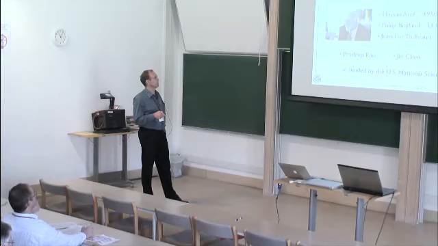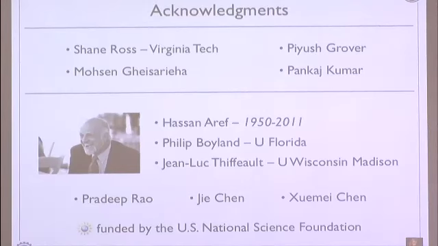I've worked for a number of years, as many of you know, with Hassan, and it was the time that he and Phil had spent together, where Phil was a mathematician in residence at the University of Illinois, where I had the good fortune of being a graduate student under Hassan at that time and got involved in this work at that point. And also a number of conversations over the years with Jean-Luc. And then there are several other people who have been involved, but not directly with the things that I'm going to tell you today.